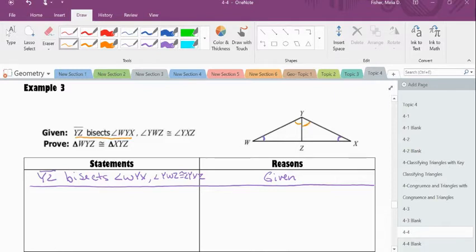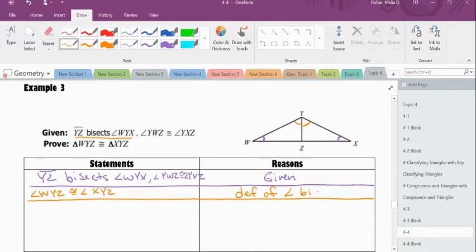So we will now state that angle WYZ is congruent to angle XYZ. And that is going to be the definition of angle bisector.